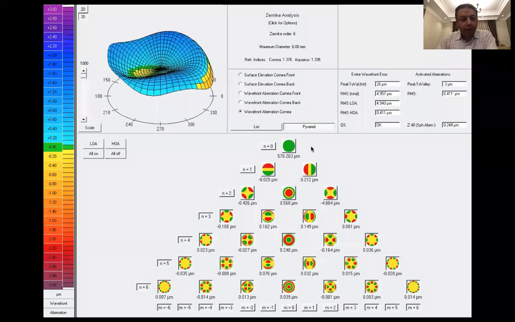But about the high order operations in such cases, on such procedures, can we correct if there is a residual error or high order operations after implantation of the phakic IOLs? Can I correct it with the customized ablation on the corneal plane? Yes, of course, you can by corneal wavefront.